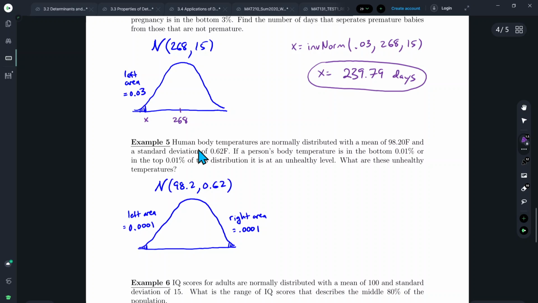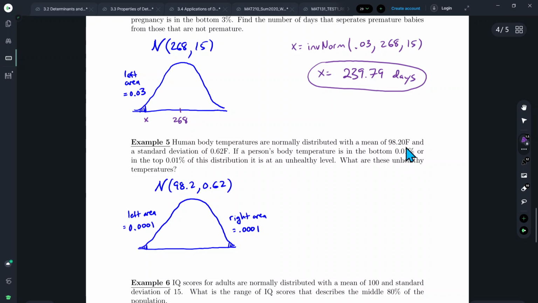Okay, let's take a look at example 5. Human body temperatures are normally distributed with a mean of 98.2 degrees Fahrenheit and a standard deviation of 0.62 degrees Fahrenheit. If a person's body temperature is in the bottom 0.01% or top 0.01%, then the temperature is at an unhealthy level. We want to figure out these x values.